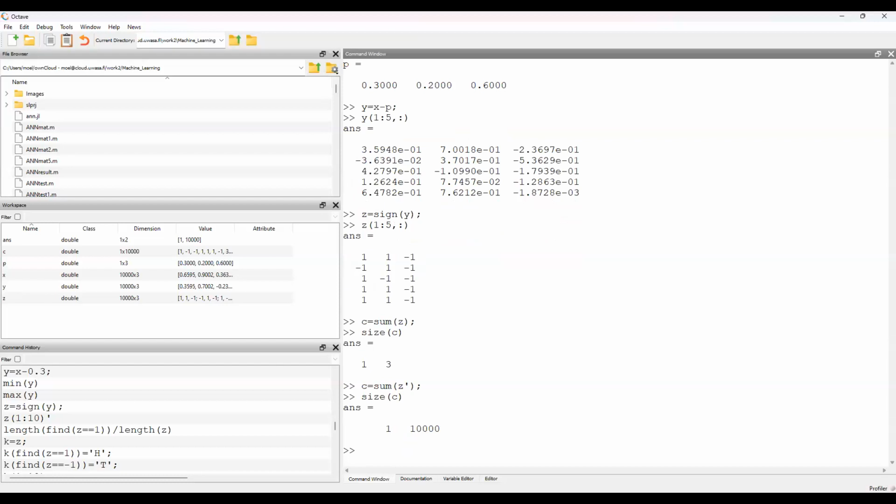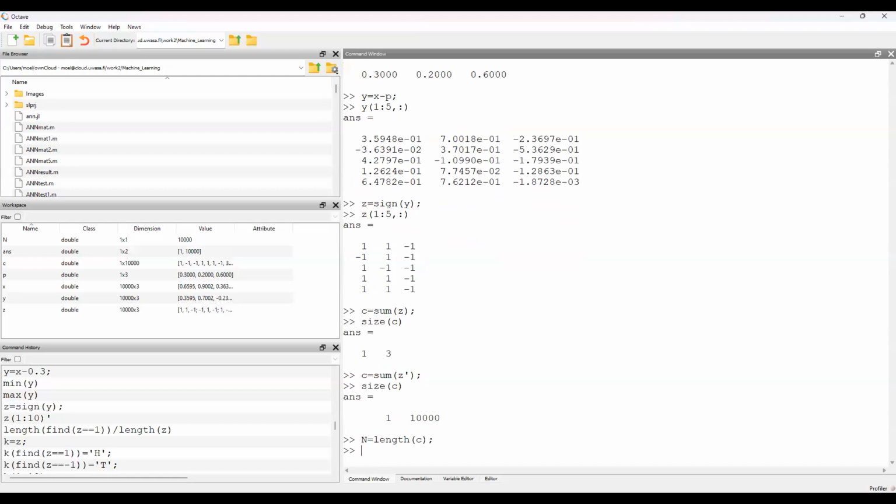What is the probability that all of them will be head? First, let us define the total number N as the length of C. This is the total number, 10,000. And the number of events that we are looking for is equal to the length of find of C equal to 3.